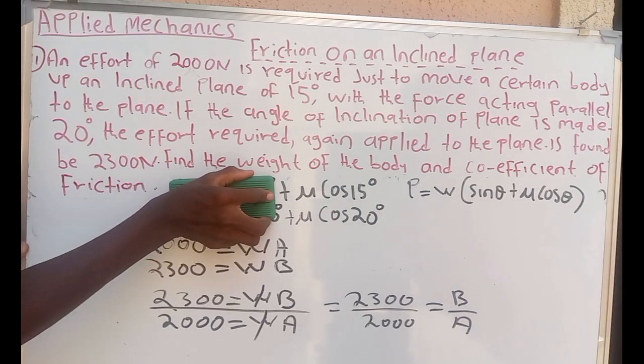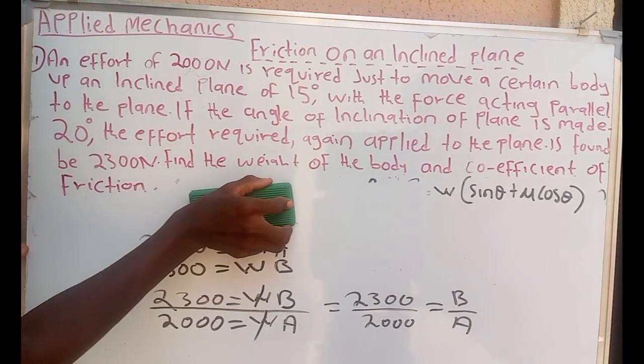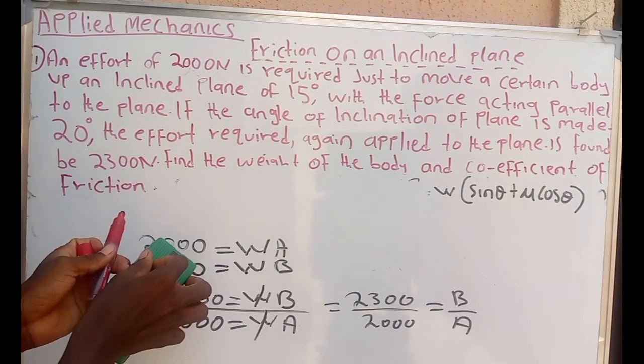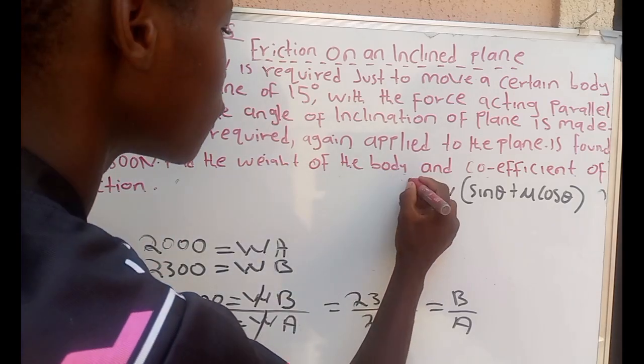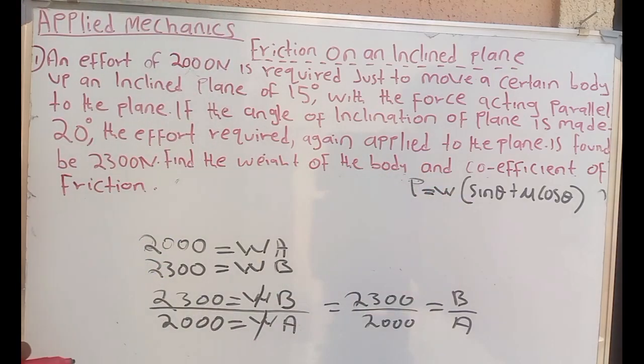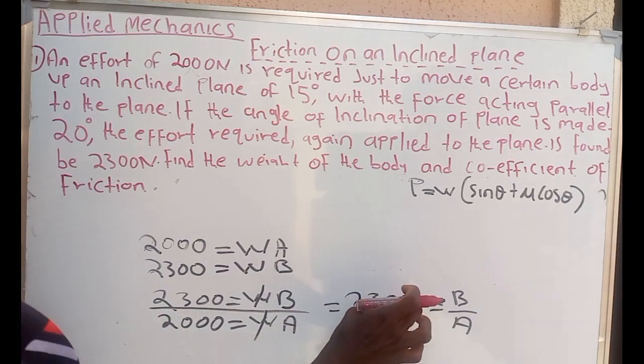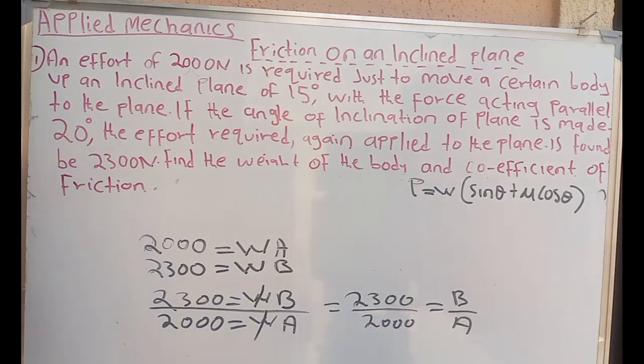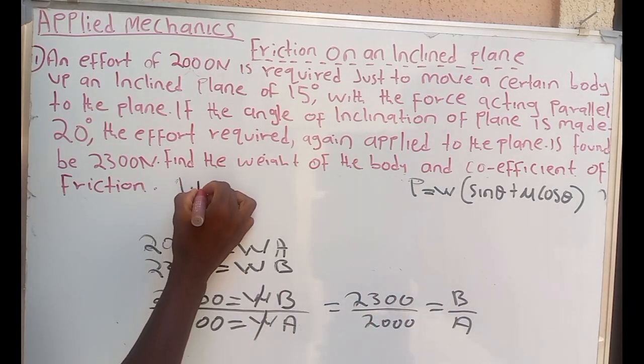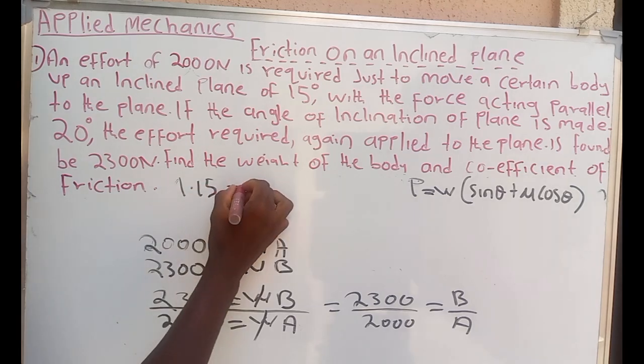So let's clean here. Let us leave the general formula for the equilibrium. So how can we solve this value? We know that 2300 divided by 2000, we will end up getting 1.15.